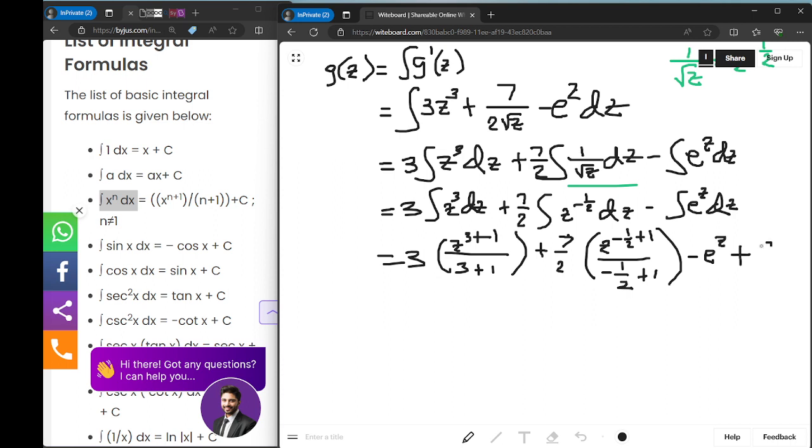And we should not forget our c. Let's simplify.